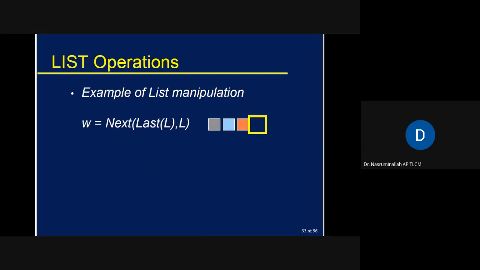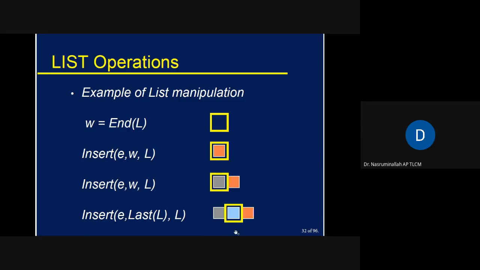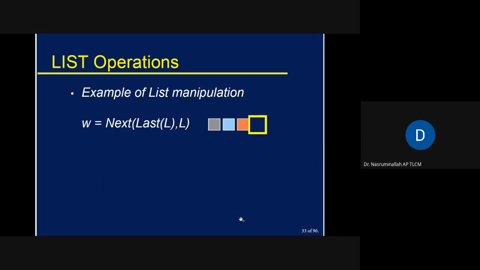Now let's say we move our window to the end of the list. How can we do it? We already have a window, so we can perform the next operation. And how is it performed? We have passed last L. So last is itself an operation within the list which will move us to the last element in the list.